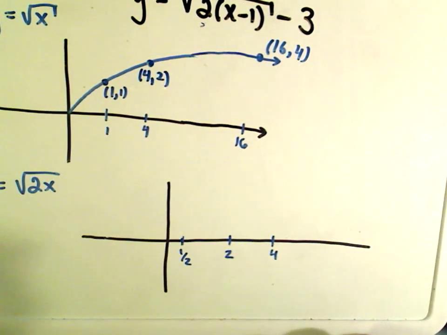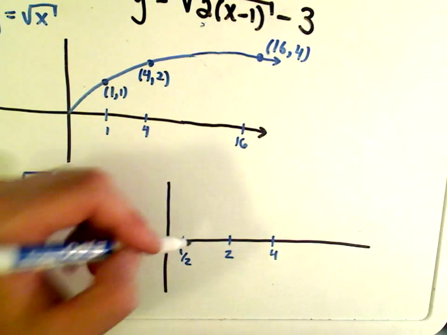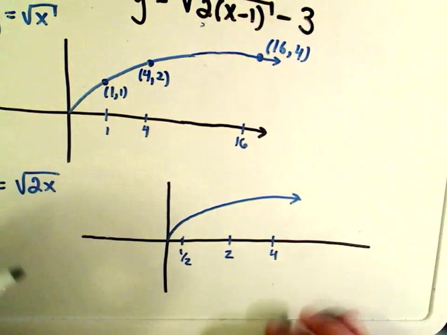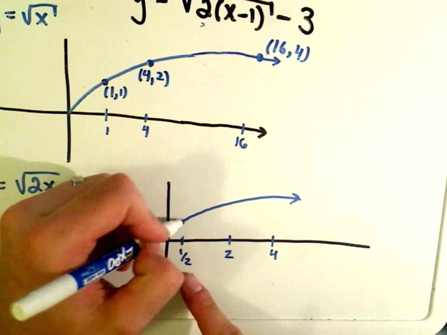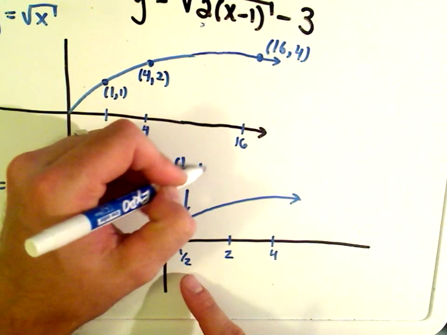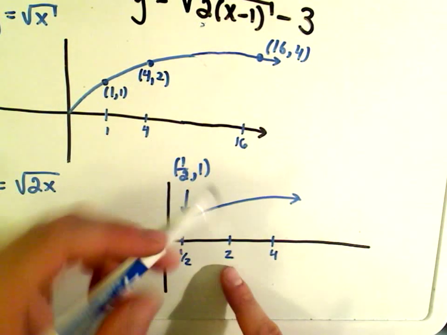Maybe not quite to scale, but the idea is when you change the x coordinates, the y coordinates stay the same. Originally at 1, I was at a height of 1. That means at 1/2, I'm now going to be at a height of 1 unit. Originally at 4, I was at a height of 2 units.